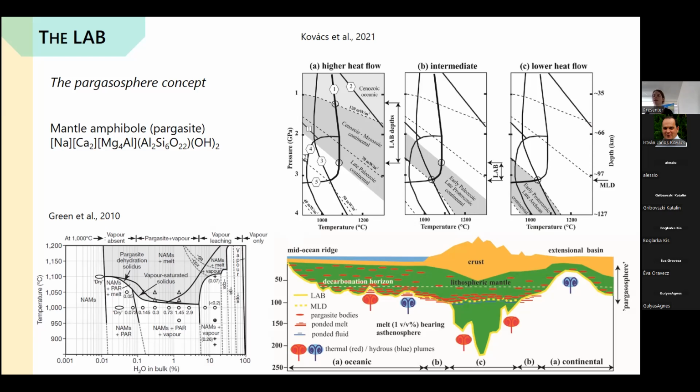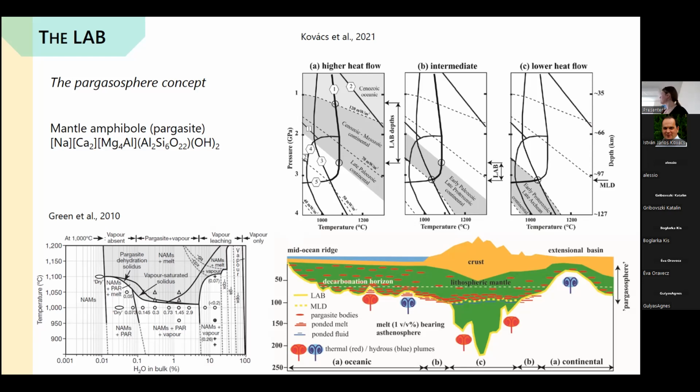And also pargasite has a stability within mantle conditions, which has an upper limit of around 1050 to 1100 degrees. So at this depth, which corresponds roughly to this 90 kilometers, we can expect that any minor change in temperature will cause breakdown of pargasite, melting, or crystallization.